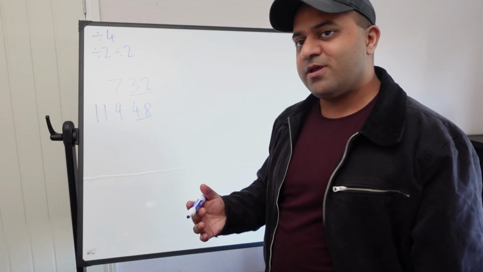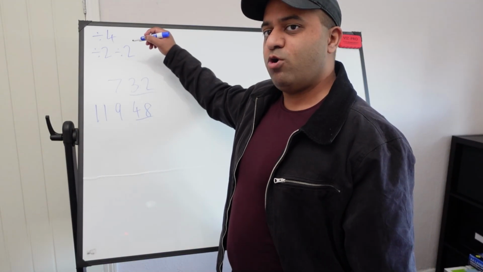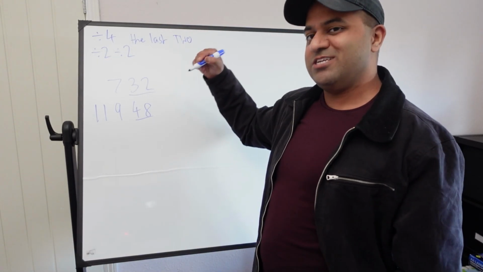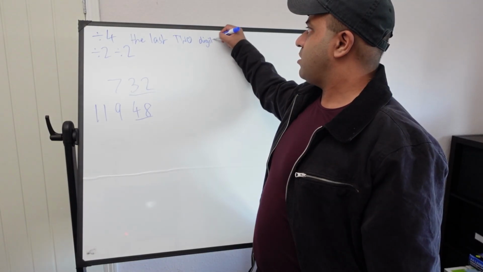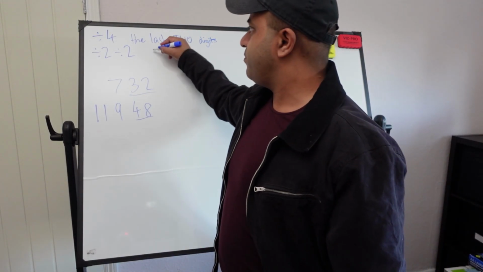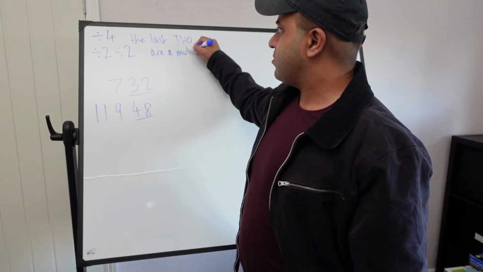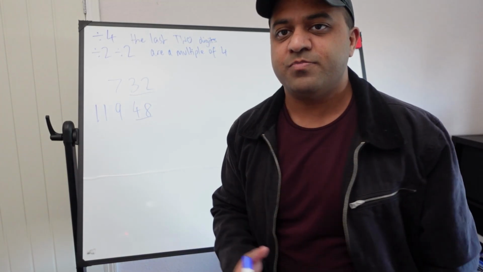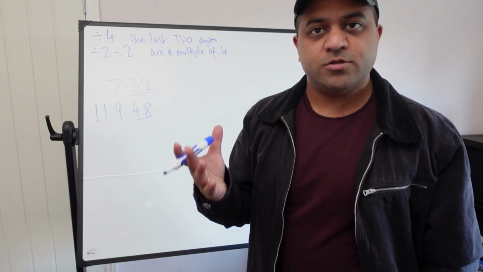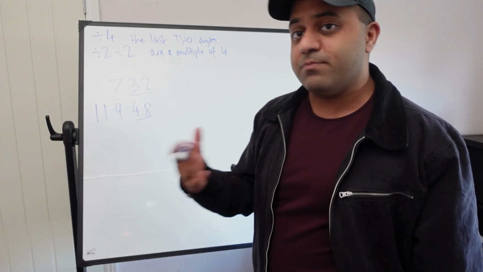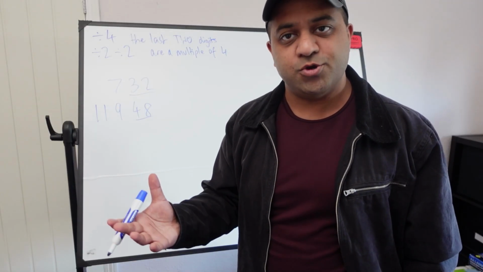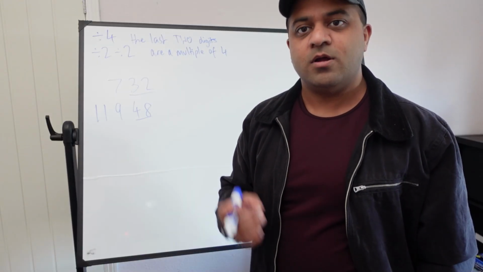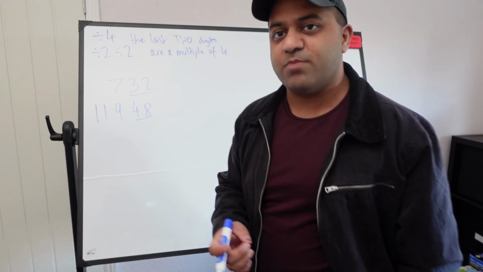So the rule is that if a number is divisible by 4, the last 2 digits are a multiple of 4. Easy enough. So because 4 is made of 2 times 2, and dividing by 4 is made of dividing by 2 and then dividing by 2 again, the rule is very similar. Let's move on to the next number, dividing by 5.